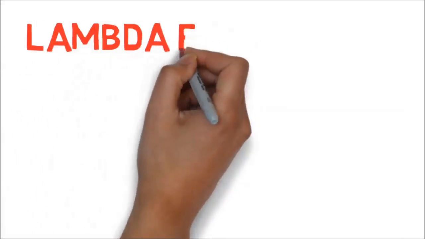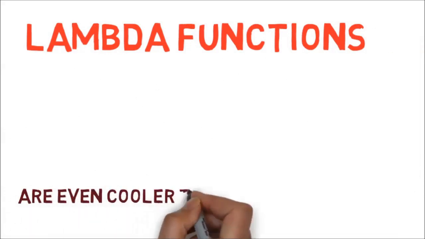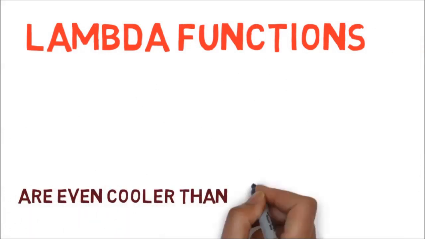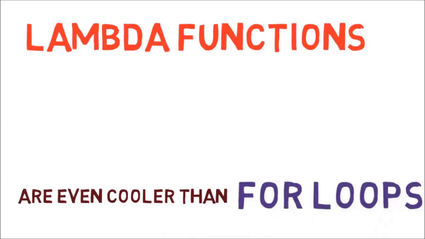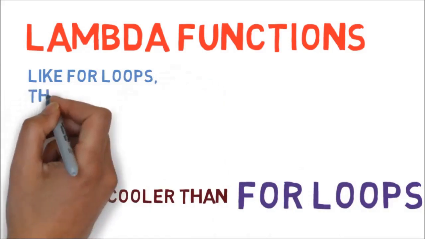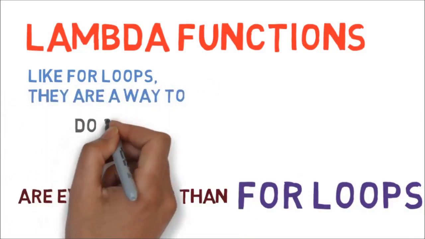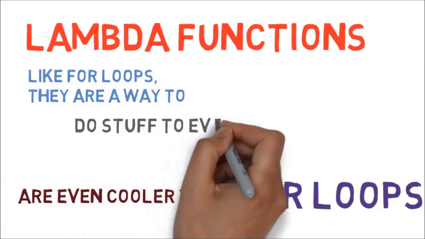Now, we learned how for loops are a way to do something to every element of a list or every key value pair of a dictionary. Lambda functions are even cooler than for loops. Lambda functions, like for loops, are another way to do something to every element of a list.